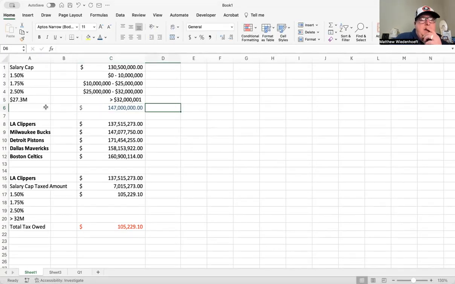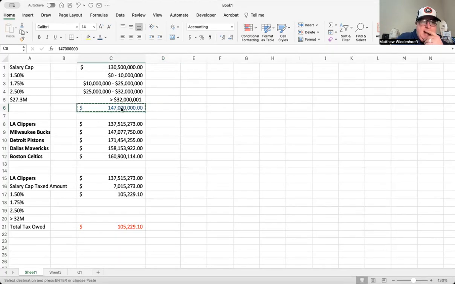What we don't do is take 147 million and subtract 130,500,000 from it, and then multiply that by whatever number we want. That's not how this works. It's not a flat tax. It's a progressive tax. So what that means is we would take this 147 million.